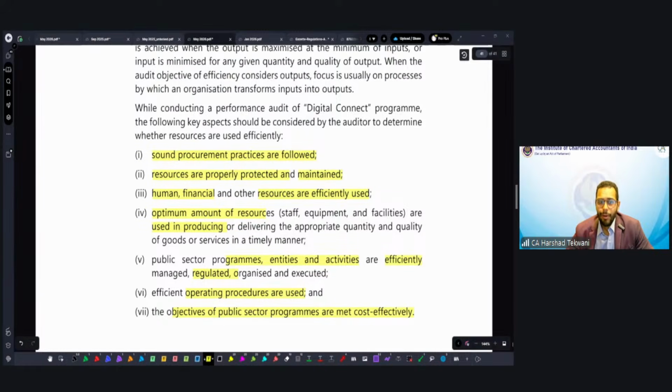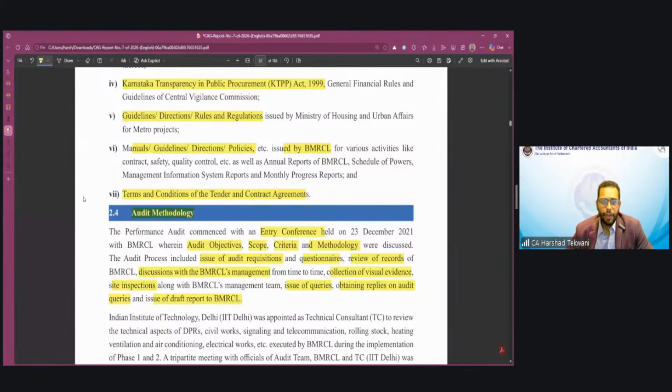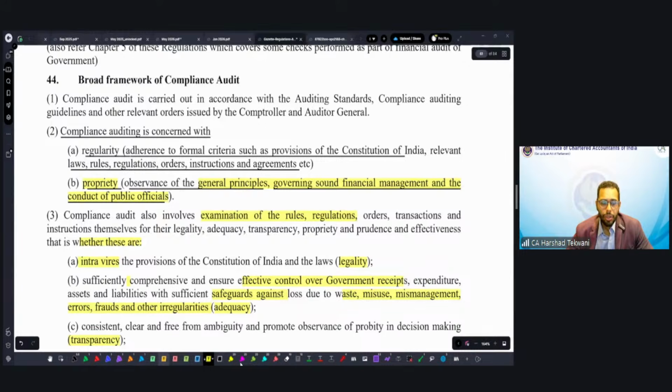So when I talk about proprietary audit, what are the things that we look into? Let's go back to the regulation and understand once again. When I talk about proprietary in nature, that means we are talking about sound financial management, something being managed appropriately, and the conduct of the public officials, which is appropriate.